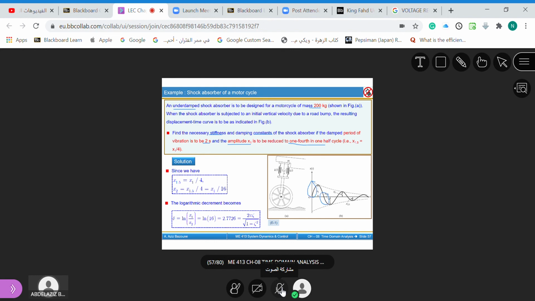Now what we need to know is x1 over x2, but he gave us x1 over x1.5. So we can say x1.5 is reduced by 4, is equal to 1 over 4.